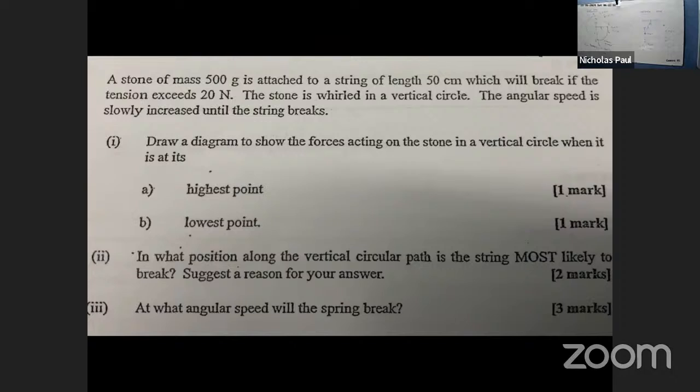Last question, we're done. Part 1 and 2, as I said, should be easy. It's part 3 you have to figure out.